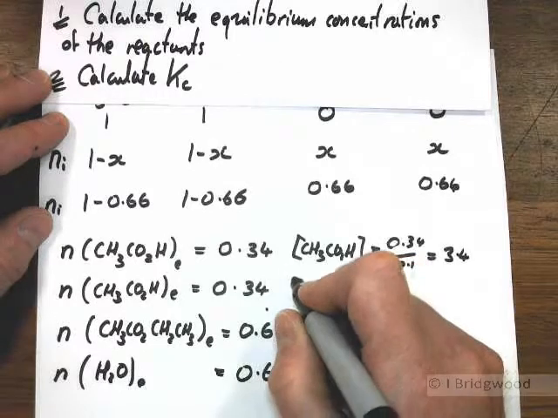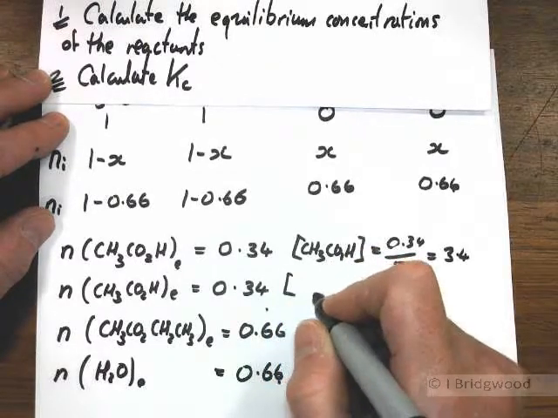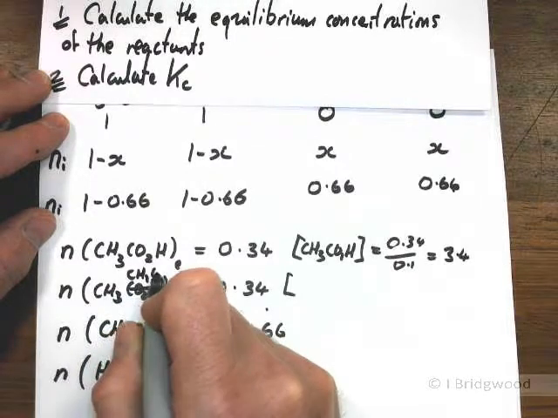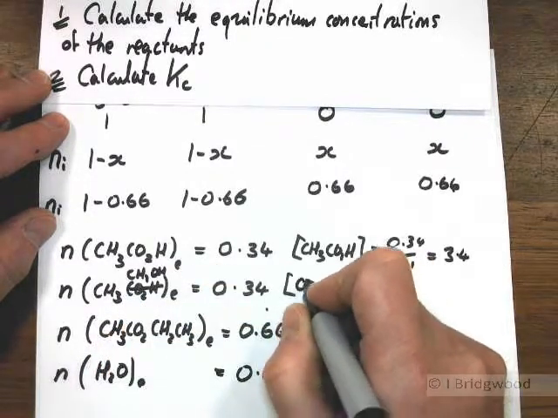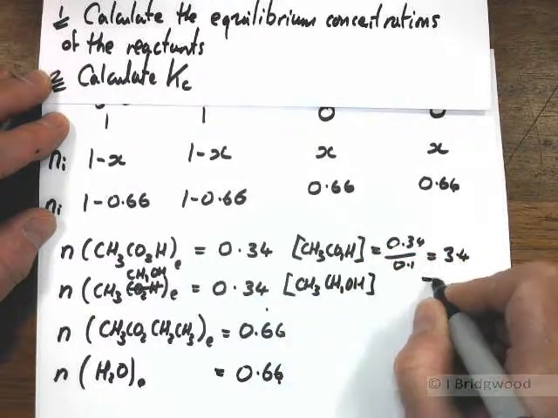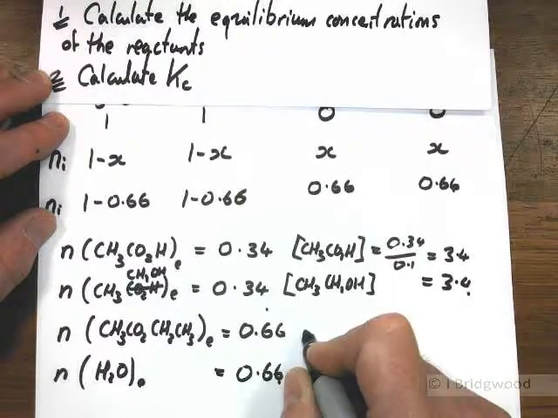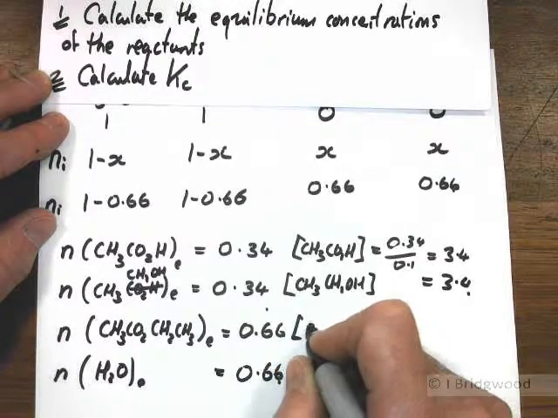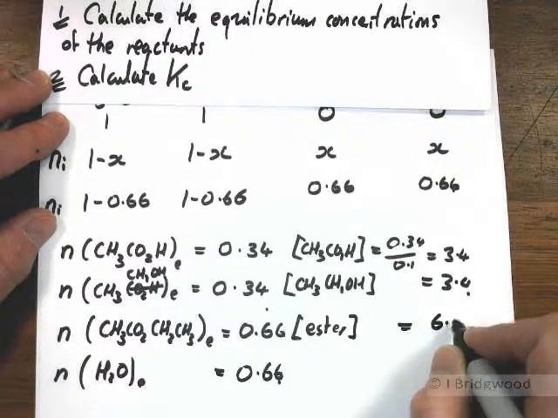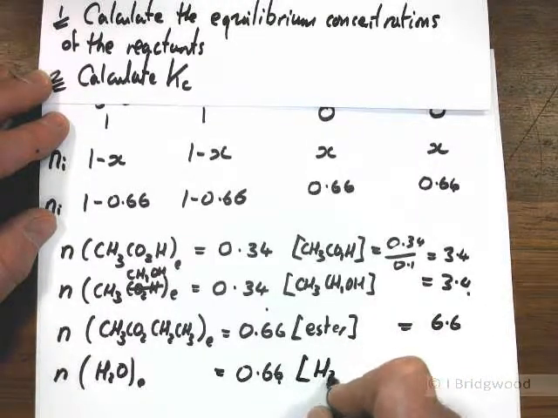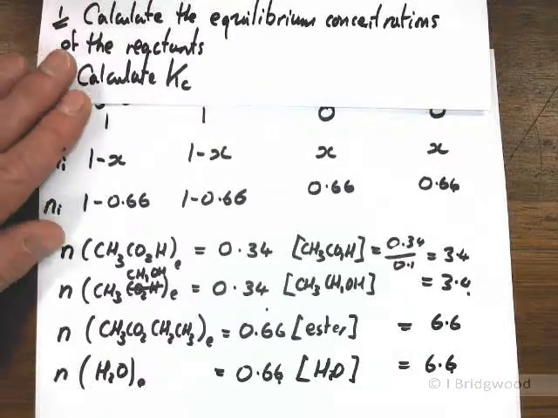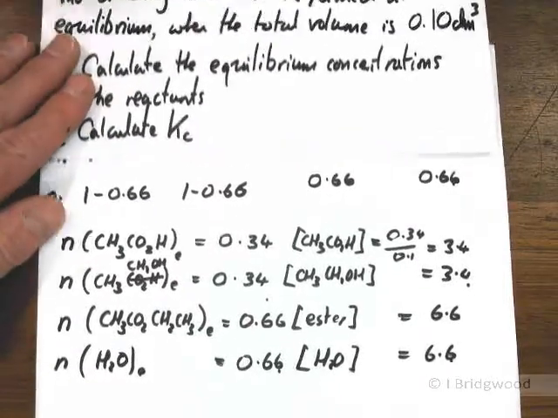Of course, sorry, that was ethanol there, wasn't it? CH3CH2OH is the same, 3.4. The concentration of our ethyl ethanoate, I'll just call that ester if you don't mind, is going to be equal to 6.6, and the concentration of water is also 6.6. So therefore we've got our concentration values.